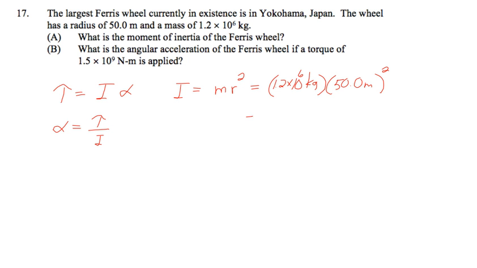So if I multiply those together, what do I get? Do I get 3.5 times 10 to the 9th? Because if I do, then yes, they're treating the Ferris wheel as a ring, because a wheel would be like a ring.